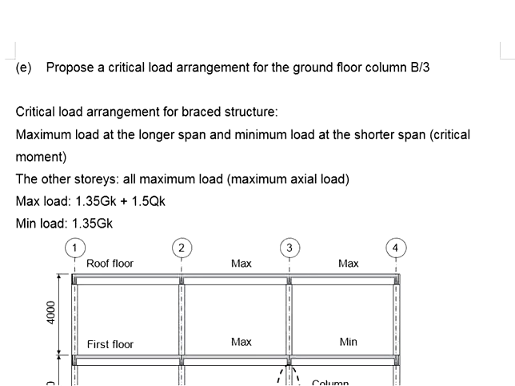Now you need to deal with the maximum and the minimum load. For maximum load, you will have both GK and QK present. As for the minimum load, you will only have GK, but you don't have QK, assuming that that particular space is not occupied. However, as long as the building is in service, the permanent actions will always be available. That's why you cannot remove the GK.